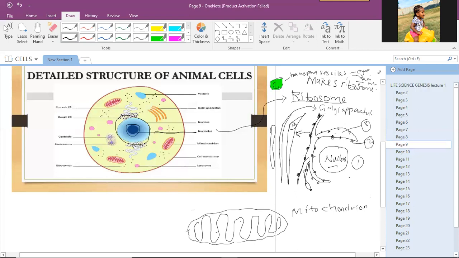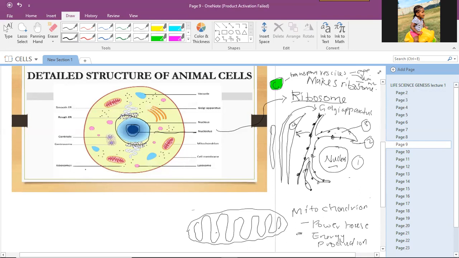The mitochondrion, they say it's the powerhouse of the cell. Why do they say it's the powerhouse of the cell? Because look at all these functions, they need energy. So this is where the energy comes from. Energy production comes from the mitochondria.